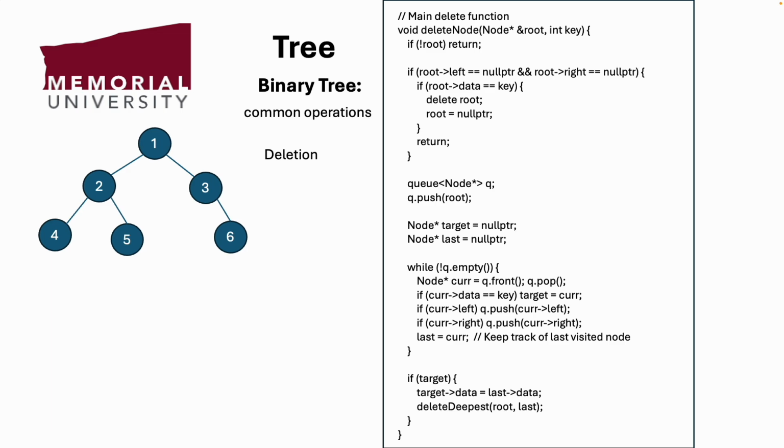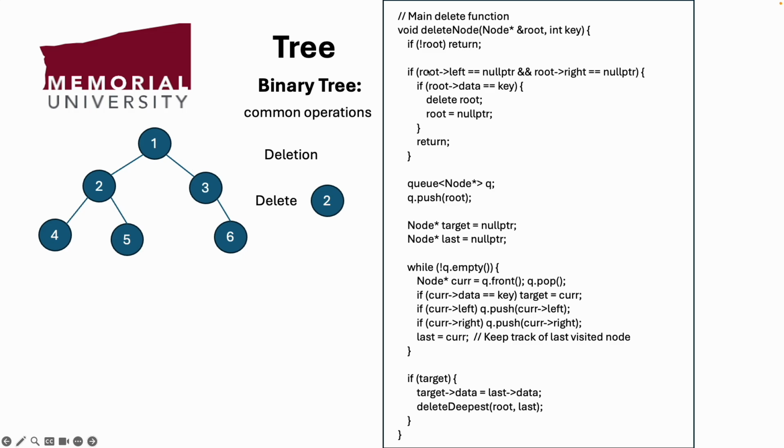For example, in this tree we want to delete the node 2. Let's see how this code applies the deletion to delete the node 2. Let's go through the code. If the root is null, meaning empty, we do nothing so far.